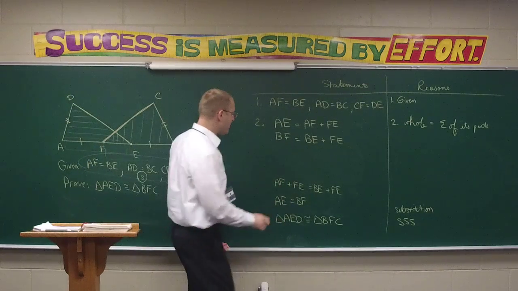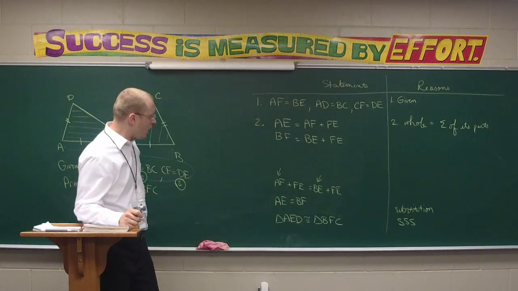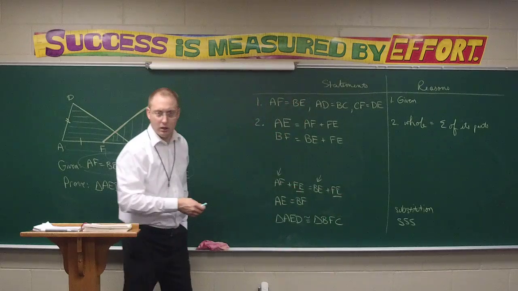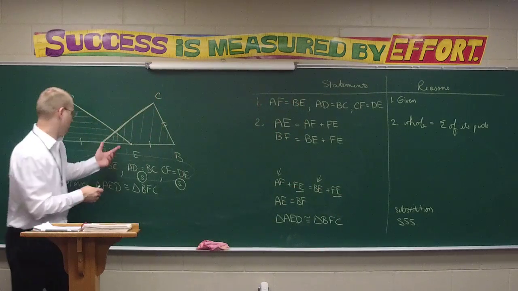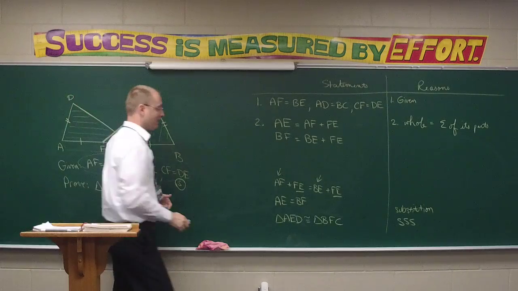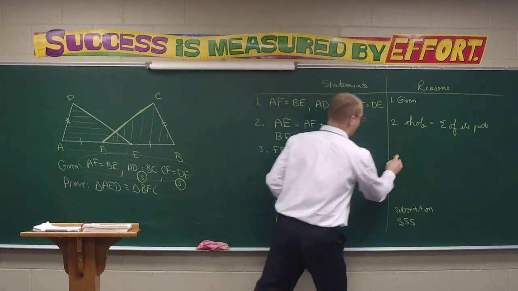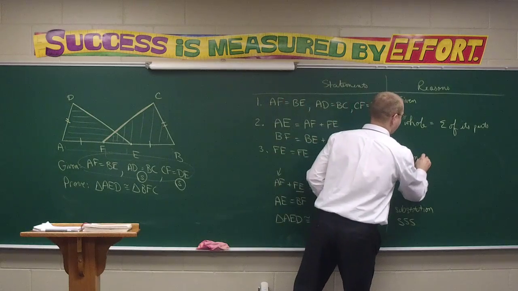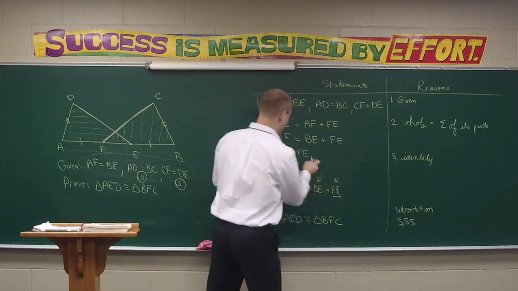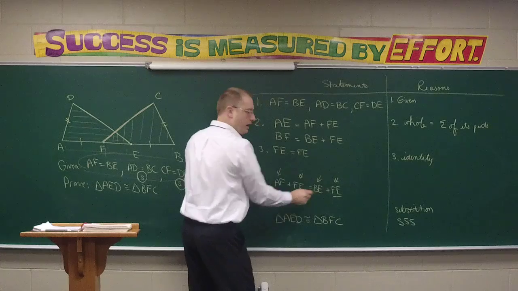Well, I was given that AF and BE were equal, right? What do I know about FE and FE? Well, it's the same line. It's equal to itself by... Yeah, so if I said that FE equals FE by identity, then I've got equal quantities being added to equal quantities.